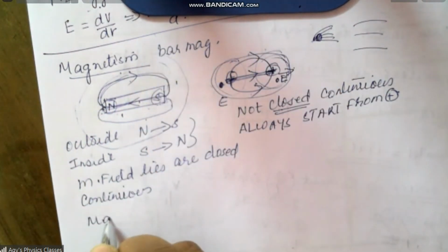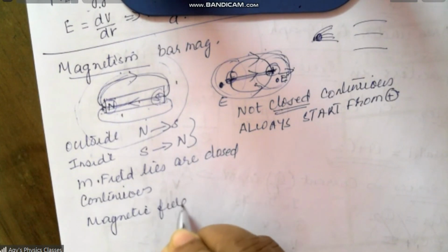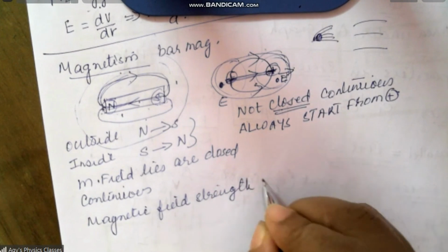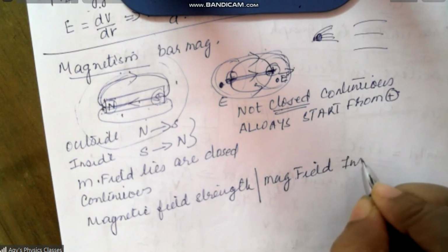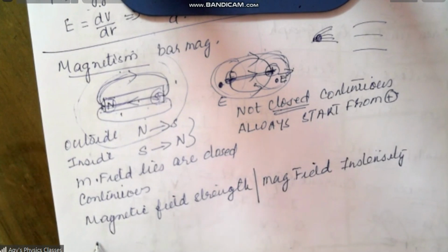Magnetic field strength, another term is magnetic field intensity, is represented by the letter B.